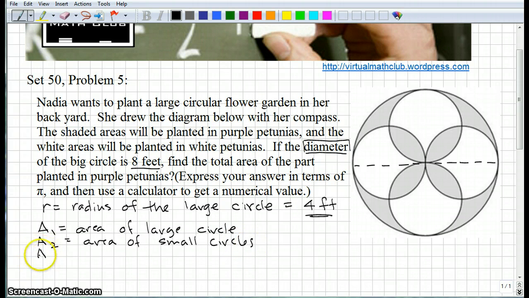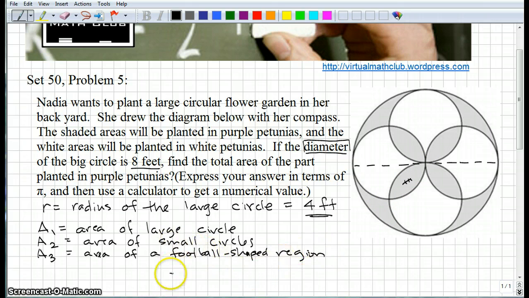Then I'm going to define another area called A3, which is the area of a football-shaped region. That's one of these here. I guess that would be an American football. Those of you who aren't in America might not recognize that as a football shape, but here in America it looks like a football.